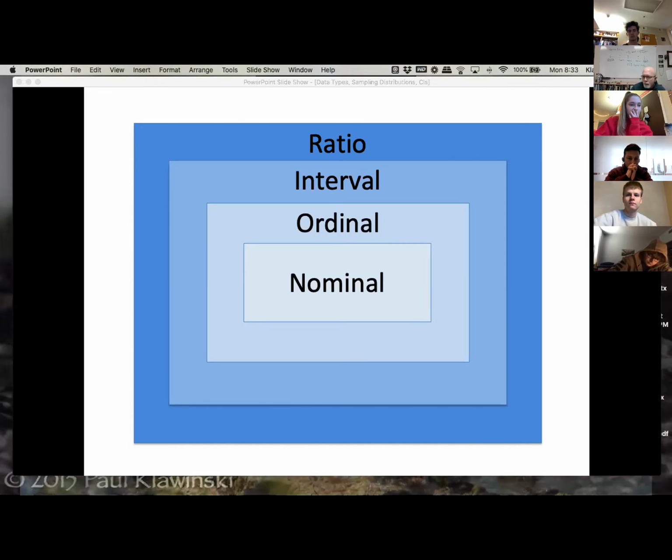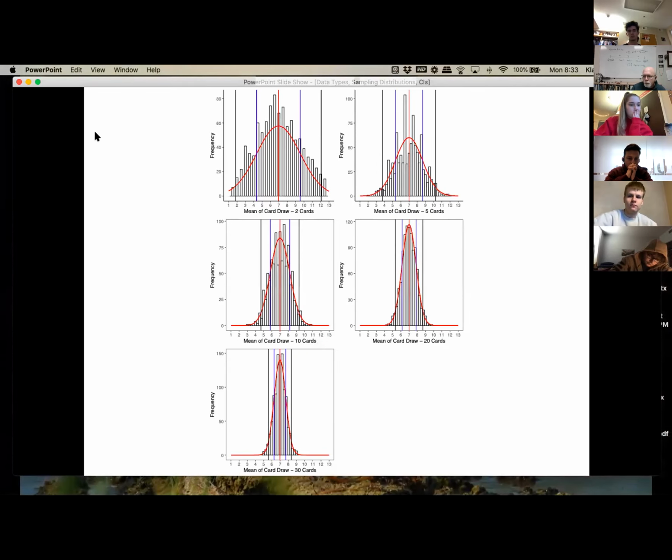What I want us to do now is to start thinking about distributions more formally. So ultimately, what we want to be able to do with the data that you guys are handling in a data science context is make decisions about what those data mean. I used to teach this class mainly for biology students who were planning on going to graduate school.